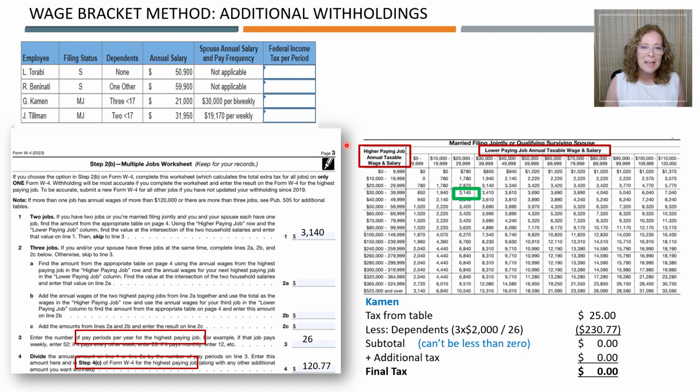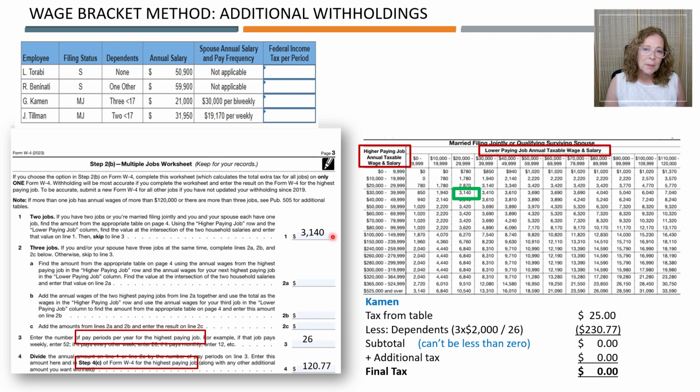In our case, that is married filing jointly. We find the intersection between the wages of the 2 spouses. Be careful to choose the column with the lowest wage and the row with the highest wage. The intersection for G. Kamen is $3,140, and we enter that amount on page 3, line 1.